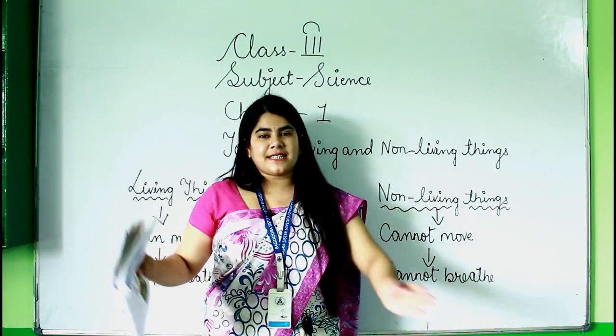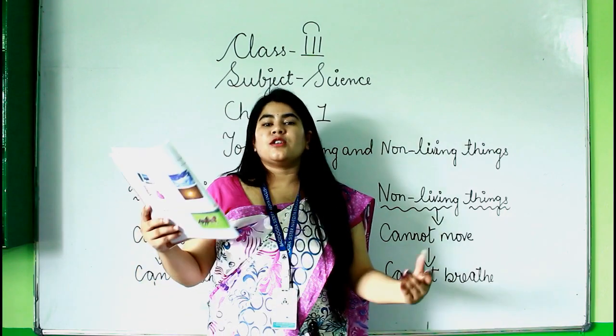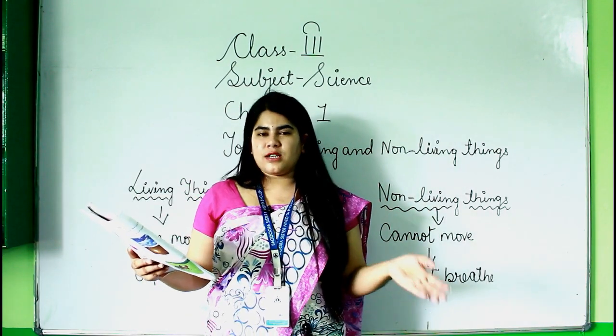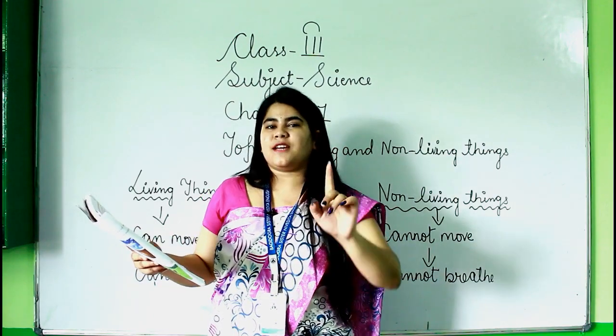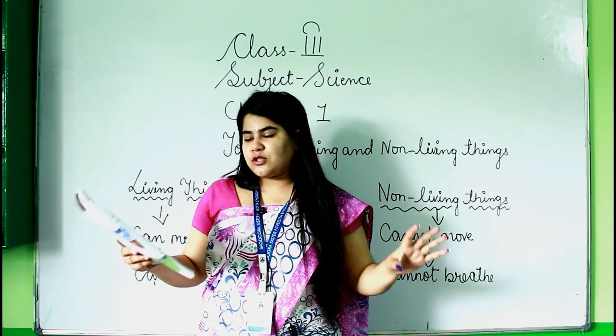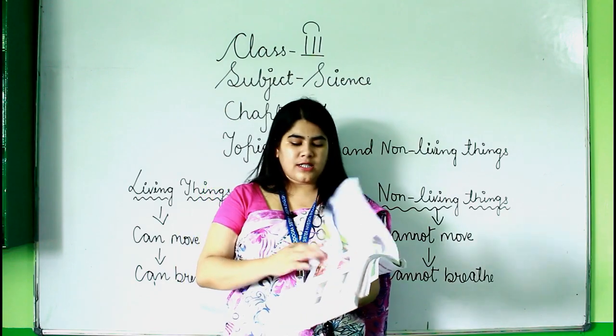Third, living things can grow taller but non-living things cannot grow taller. Fourth, living things need food and water, but as I said, if you give food to the table, will it eat? No. So non-living things do not need any food or water.